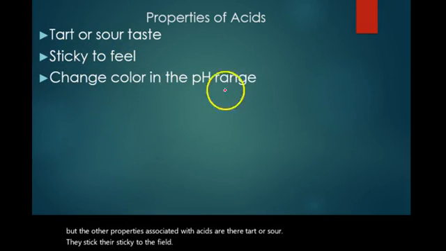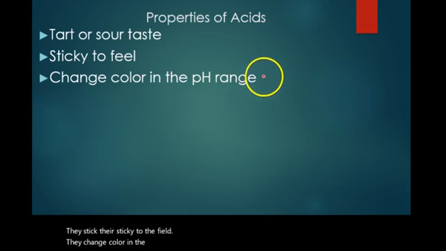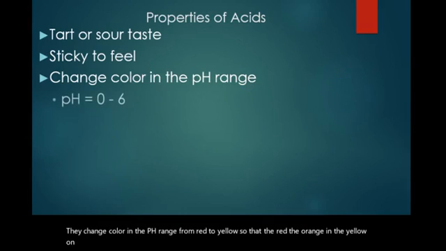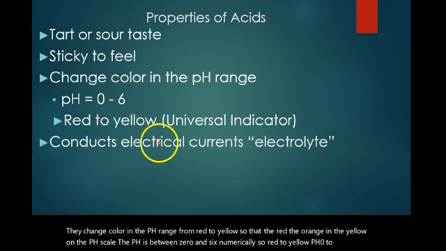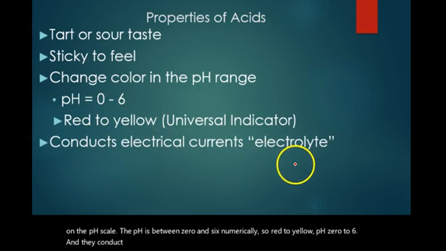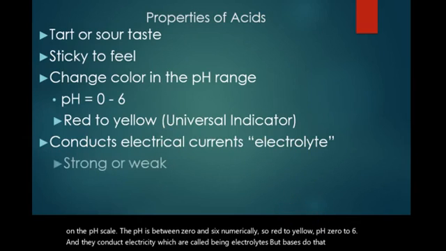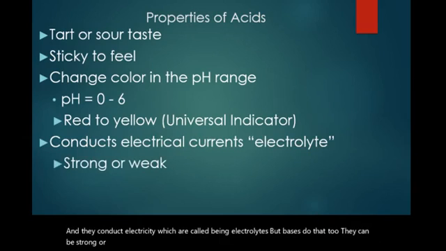They change color in the pH range from red to yellow. So the red, the orange, and the yellow on the pH scale. The pH is between 0 and 6 numerically. So red to yellow, pH 0 to 6. Okay, and they conduct electricity, which is called being electrolytes, but bases do that too. They can be strong or weak, and bases can do that too.